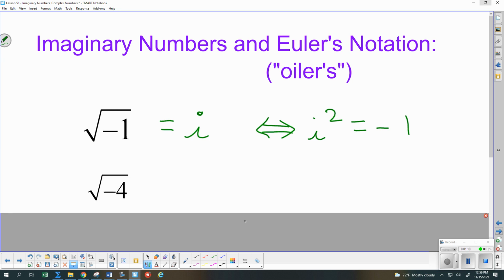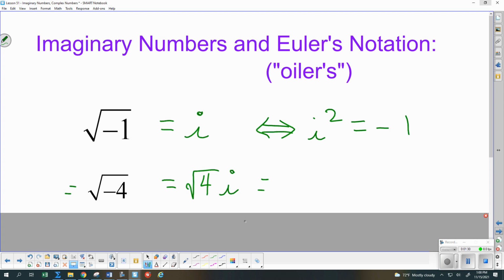So anytime you are simplifying a square root of a negative number, the first thing you're going to do is rewrite it as the square root of the positive number and then times an i.